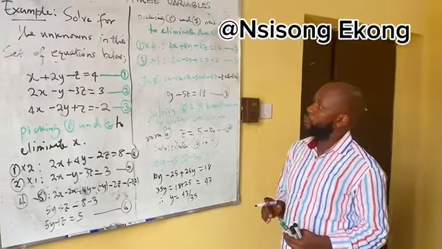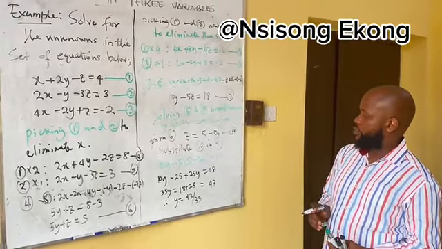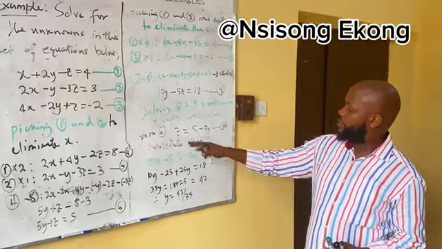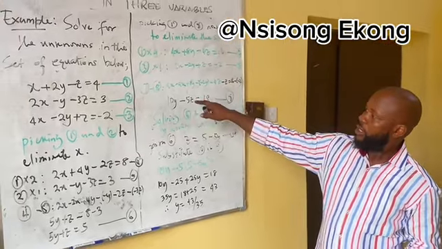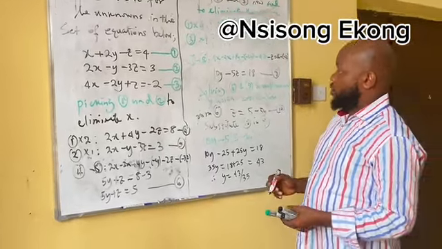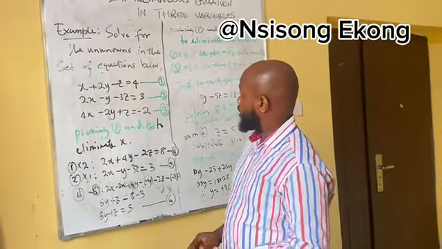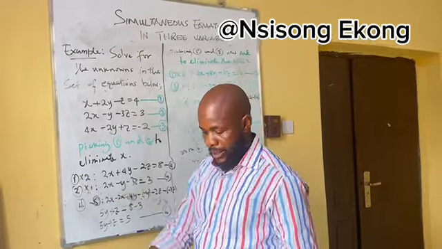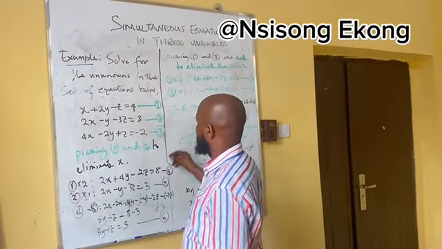At this point now, we do what we call back substitution to be able to get the value of z here and the value of x here. So at this point, we can clean out of this so that we can achieve our end.